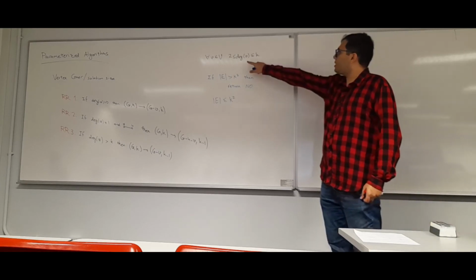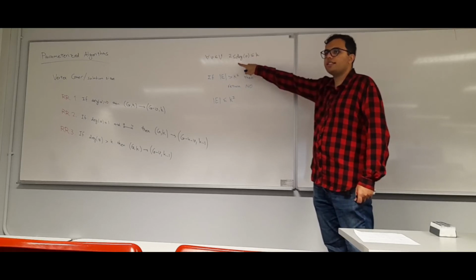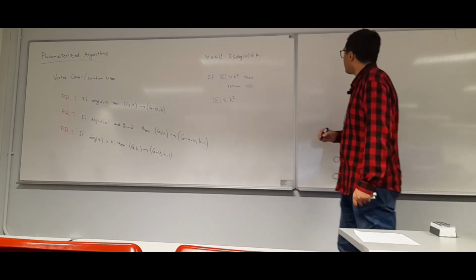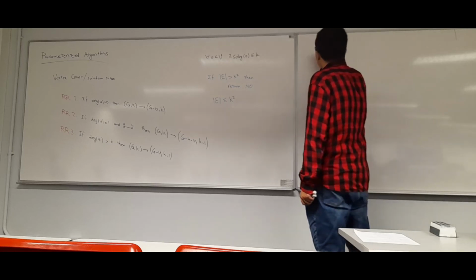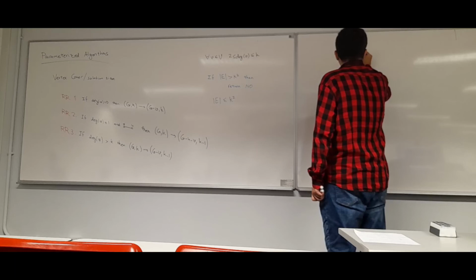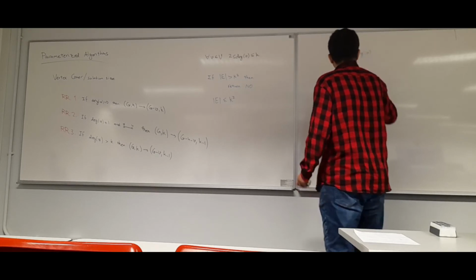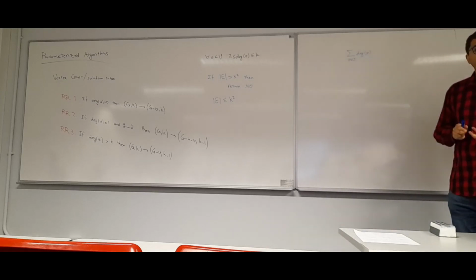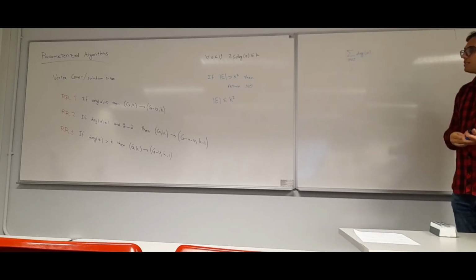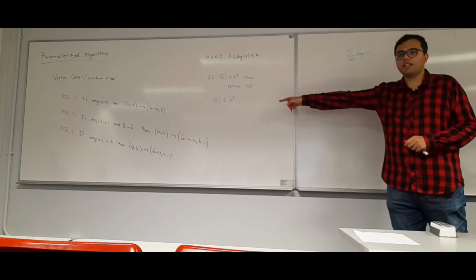I know that the degree of every vertex is between 2 and K. So every vertex has degree at least 2. Okay, what do I know about the sum of degrees? So let's take the sum of the degrees of all of my vertices. So of course, in every graph, the sum of degrees is twice the number of edges, right? And the number of edges is K squared.